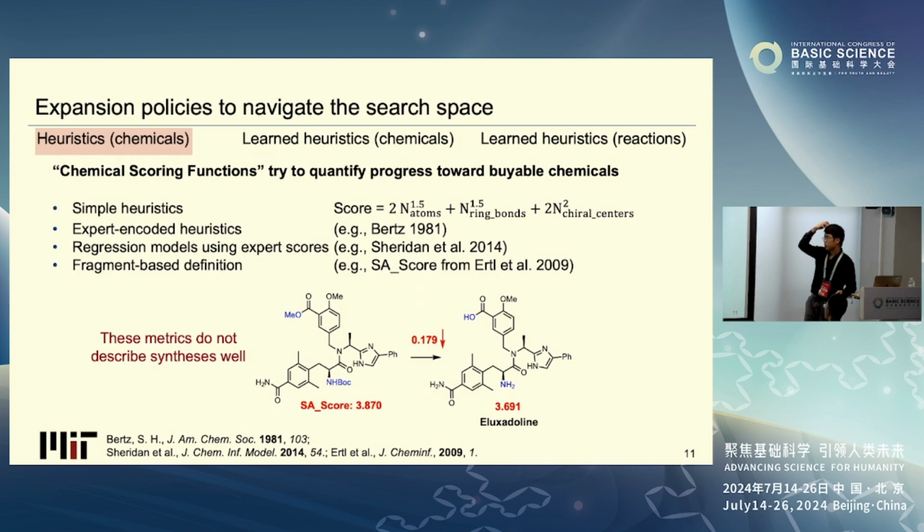So these approaches work practically, but there is more complexity in synthesis planning that makes them not ideal. In a multi-step chemical synthesis, you're not always building up structural complexity of the molecule.